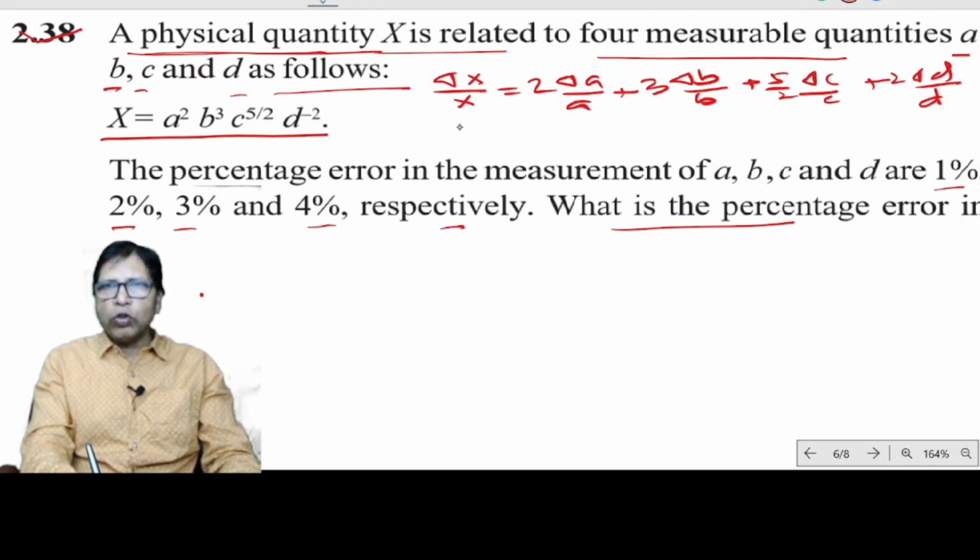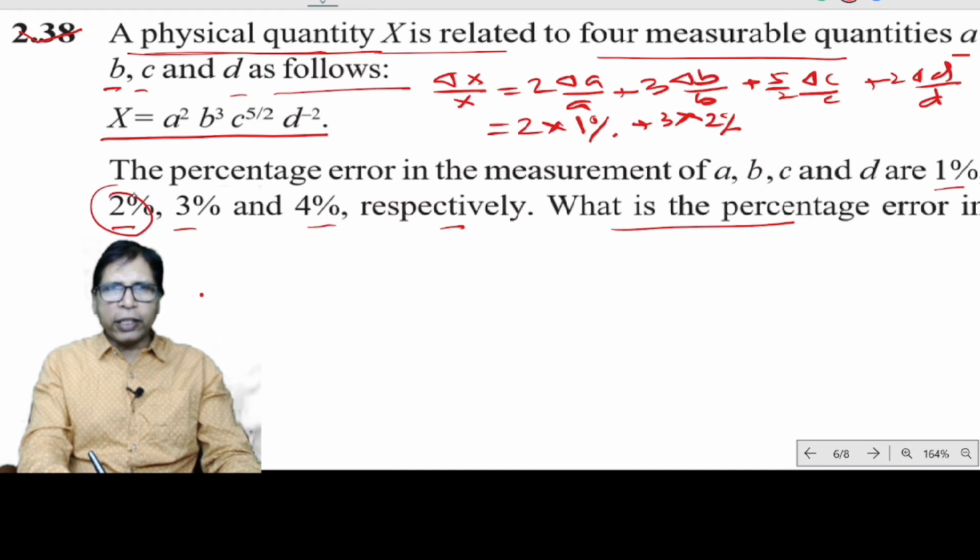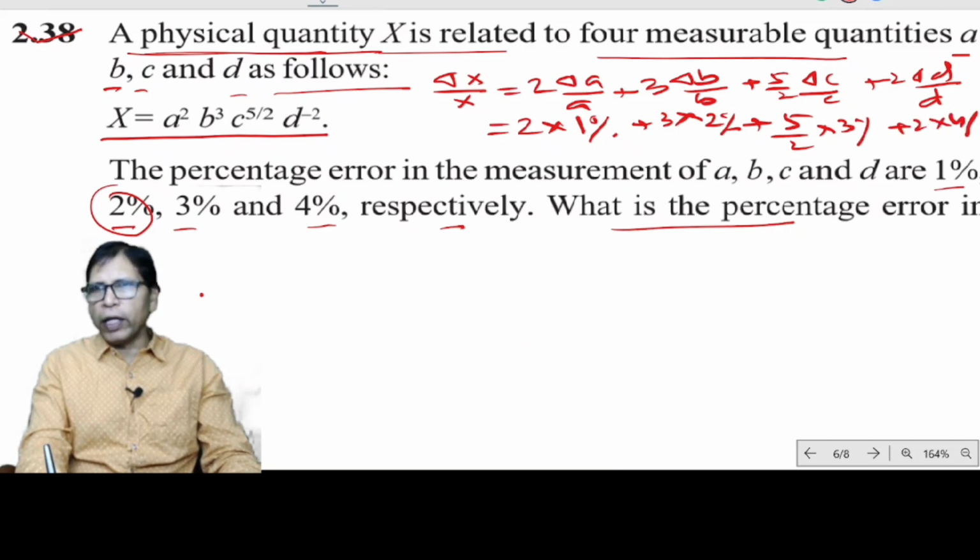No problem. So this is 2 into 1%, plus 3 into delta B by B, this is 2%, and 5 by 2 into 3%, and 2 into 4%.